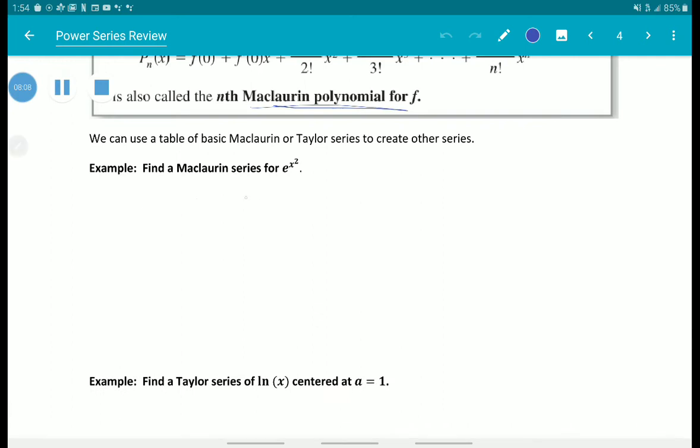Suppose we want to find the Maclaurin series for e to the x squared. So let's start with what we know. We know what e to the x looks like.